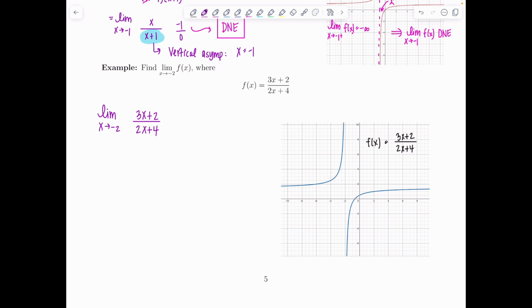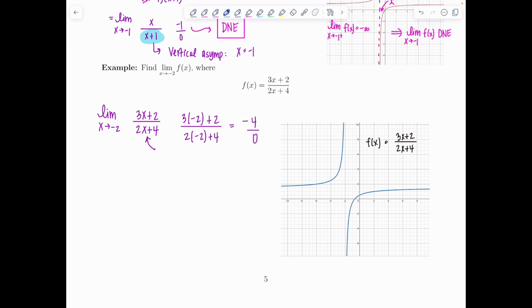So you should always try just to substitute or plug in the value that x is approaching. So I'm like, okay, 3 times -2 plus 2 over 2 times -2 plus 4. In the top, I'm going to have -6 plus 2, so that's -4 over 0. Yeah, so same thing.